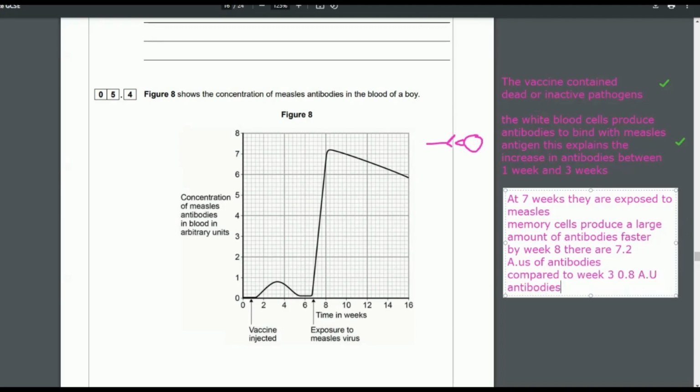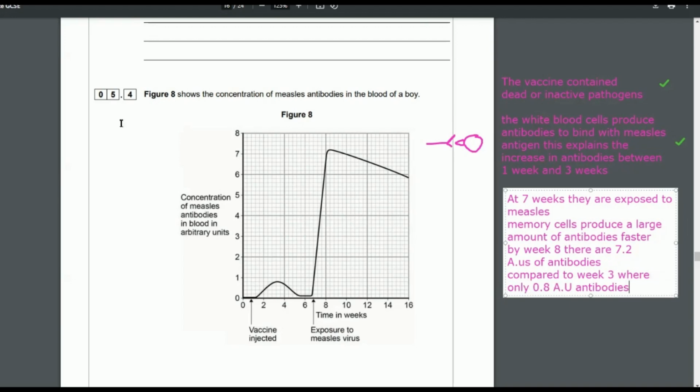So I've just done some sort of number comparison. They specifically said use the graph, use data. So that means they want numbers. So what I've said is, it goes up to 7.2 after the measles virus, and it only got up to 0.8 after the vaccine. So there's a lot more antibodies compared to week 3, where only 0.8 arbitrary units of antibodies.